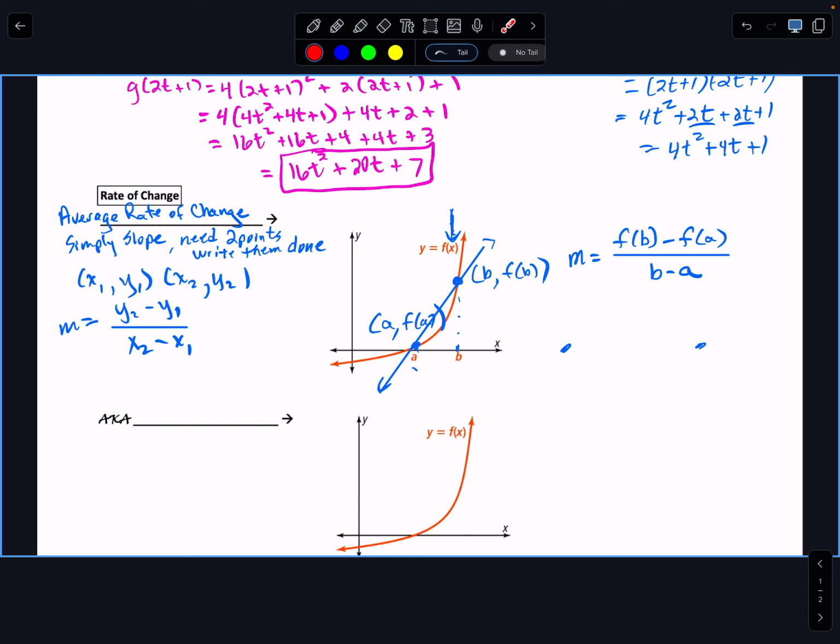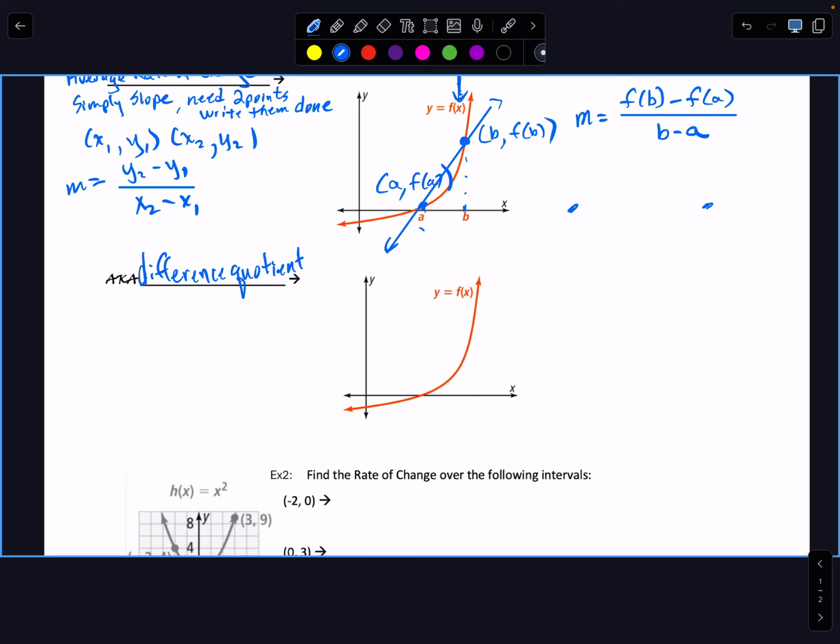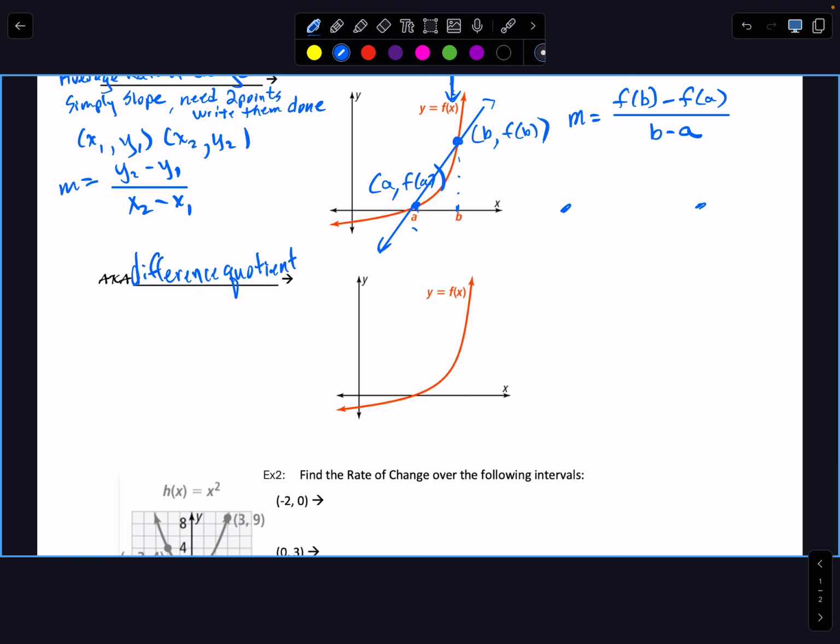All right, so this leads to what we call the difference quotient. So the difference quotient. We're going to have function f of x, but we are going to start with x.